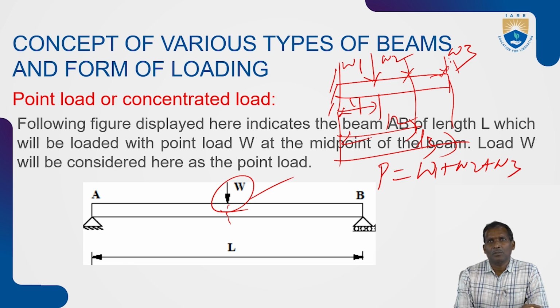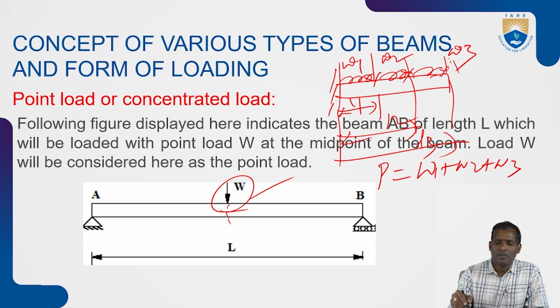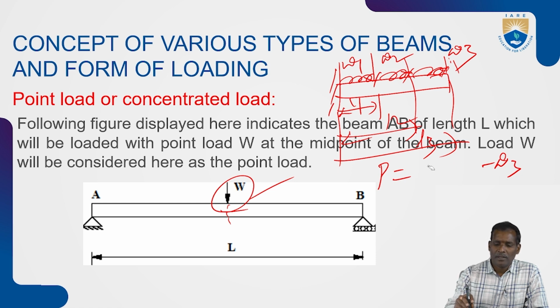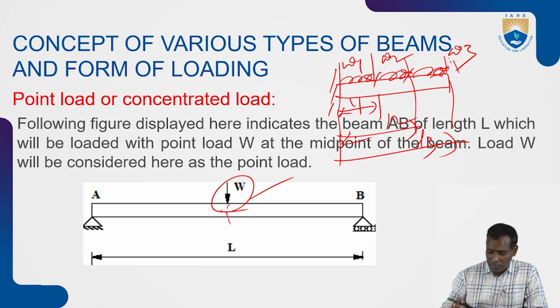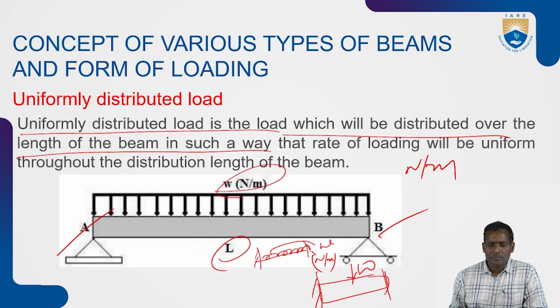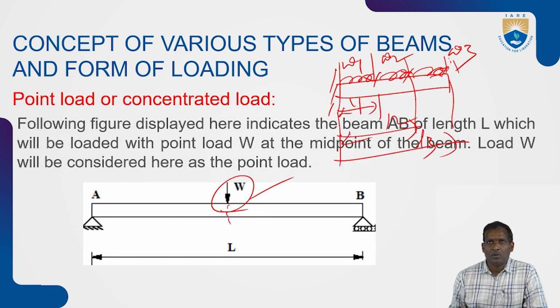Whereas, suppose these loads are not point loads but uniformly varying loads: W1, W2, W3. How do you calculate the load in this case?